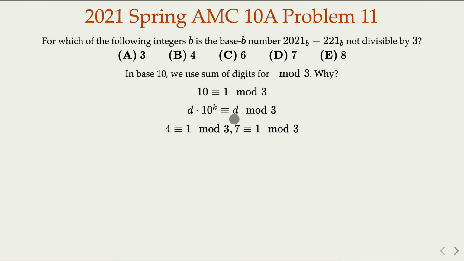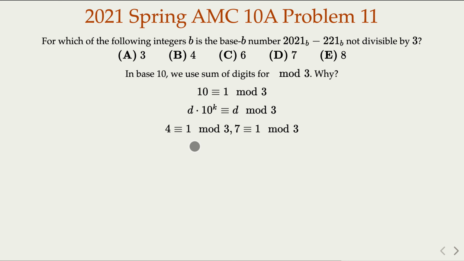Okay, but here for 4 and 7, they also mod to 1, right? 4 and 7, yeah. So in other words, in base 4 and base 7 here, you can simply add the digit.